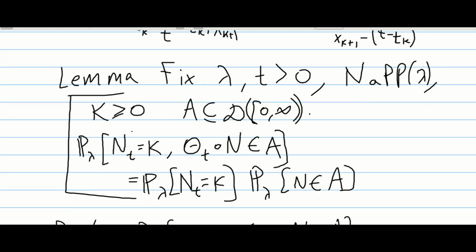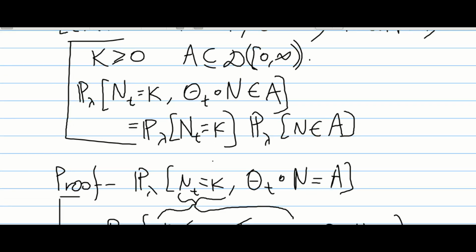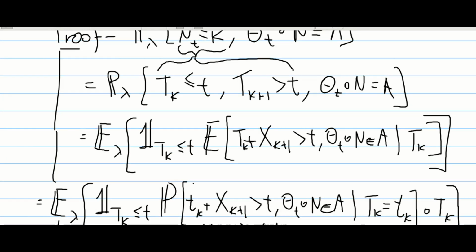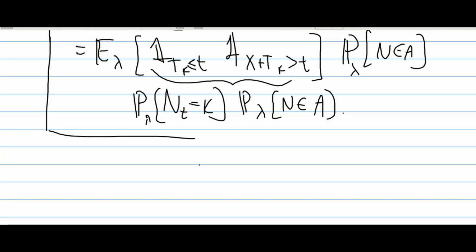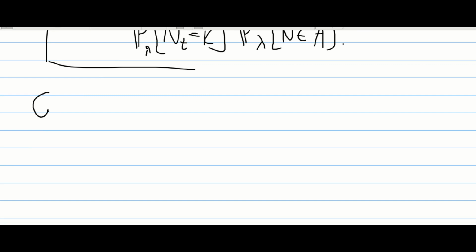We're going to prove that not only this silly event breaks like this, but we can replace this with richer events that see what happens until time t, and this will also break like this product. But this is the first step, and it's actually the main step to show that Nt equals k decouples like such. Now we're going to see a corollary of this, which is perhaps the main corollary.